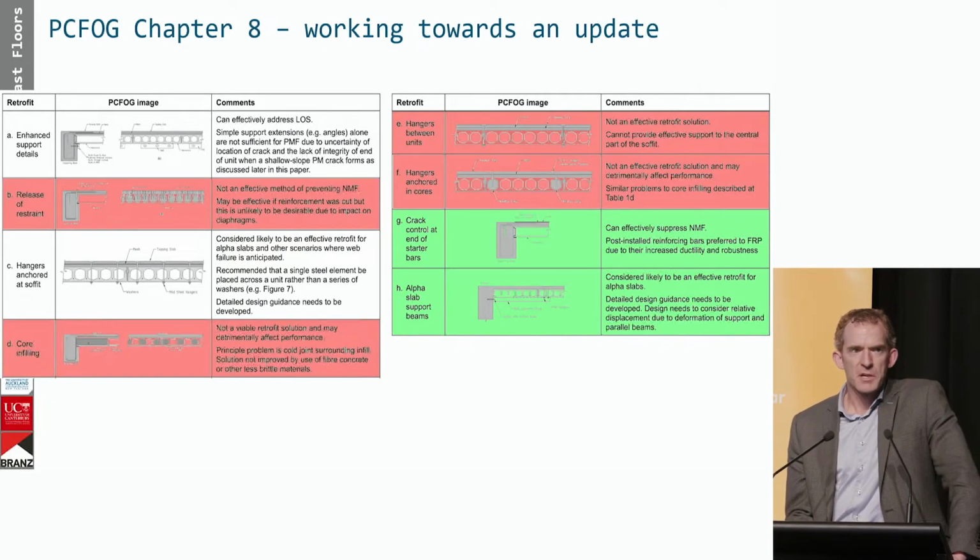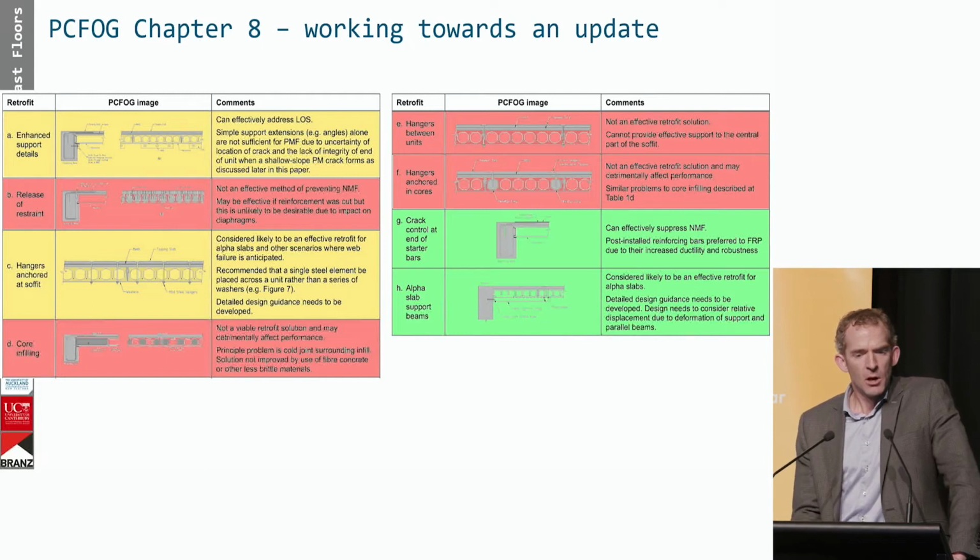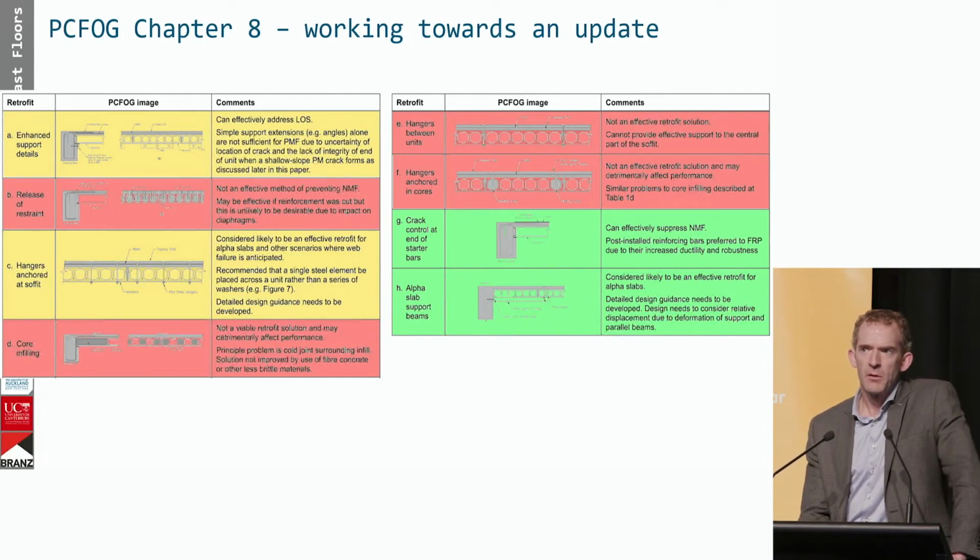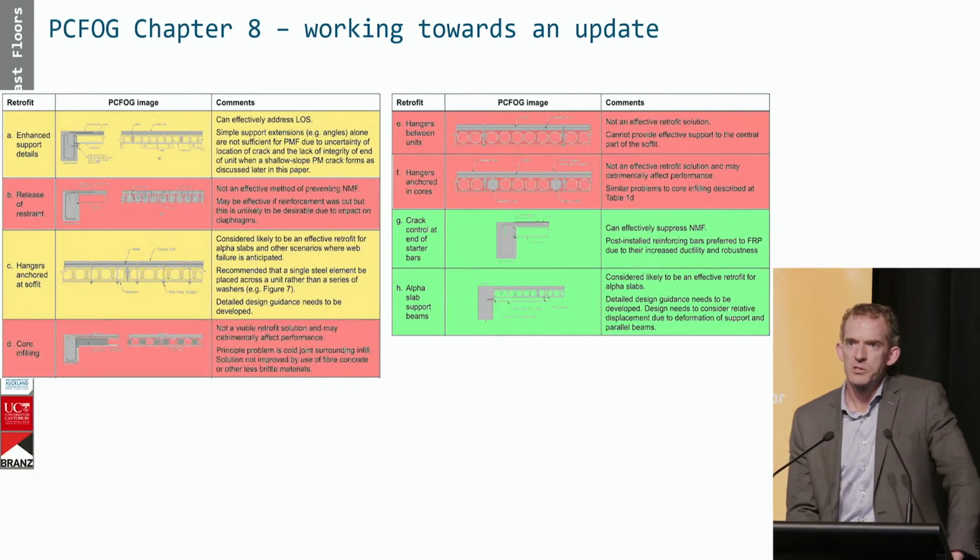There are other things that the PCFOG report says basically aren't going to work. And again, there's not been any change of understanding that would suggest we have a different opinion now. The ones that are probably most interesting or require the most discussion are a couple of items where an approach works within limitations or within a certain scope.